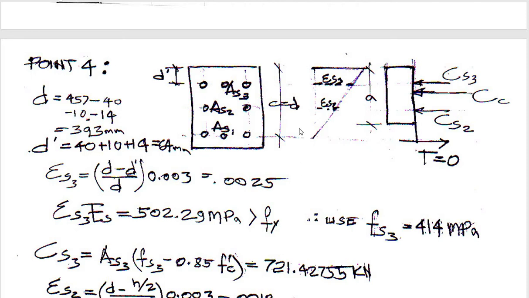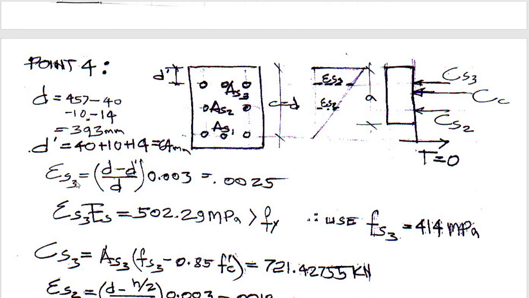And then, i-equate din natin siya sa smaller triangle defined by strain in steel 3, all over d minus d prime, or that is x1 minus x3. So, ito yung ating smaller triangle. Since we know what is d, alam din natin si d prime, magiging 0.0025 ang strain.